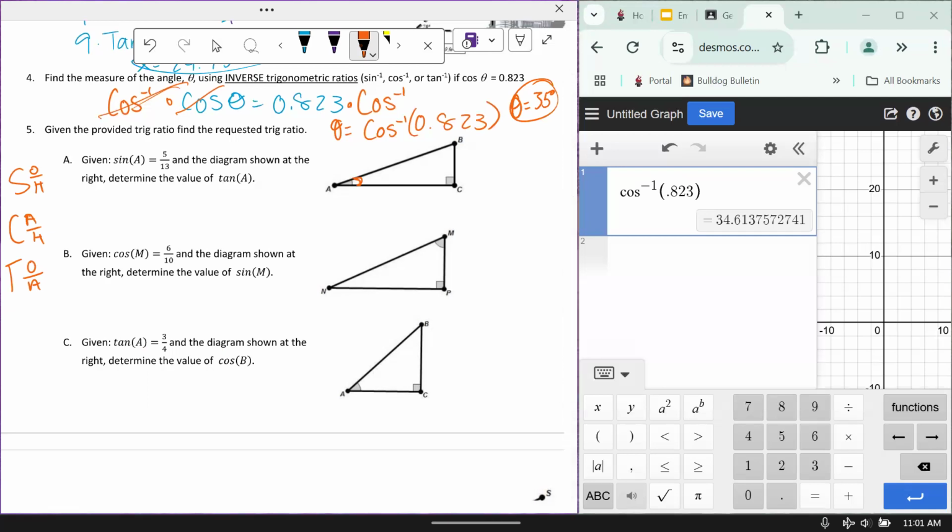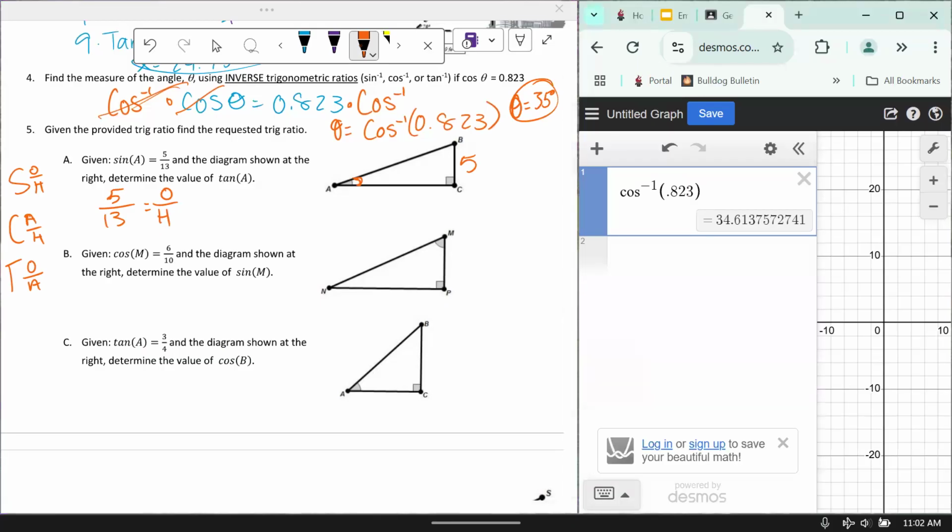If sine of A equals 5/13, which is opposite over hypotenuse, then 5 is going to be our opposite, BC, and our hypotenuse is 13. If we are looking for tangent of A, tangent is opposite over adjacent.